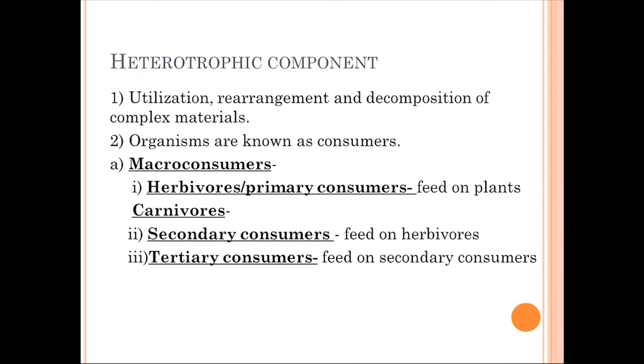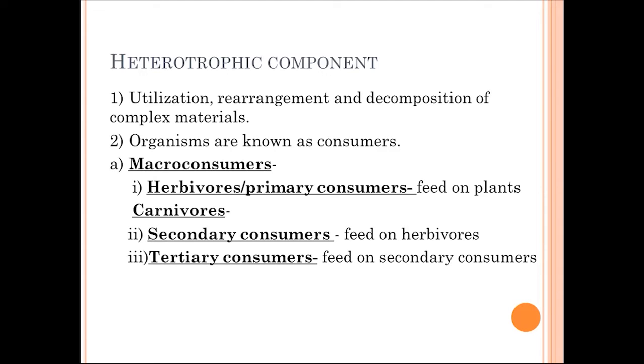And finally, decomposition. That means when the organisms die, there will be some other organisms which will feed on the dead organisms. So heterotrophs are concerned with utilization, rearrangement, and decomposition of complex materials.